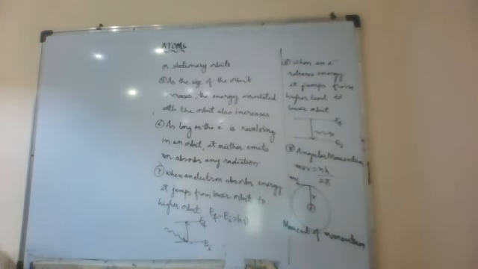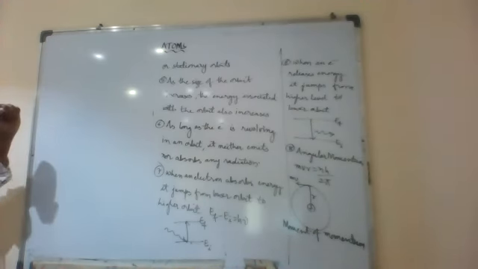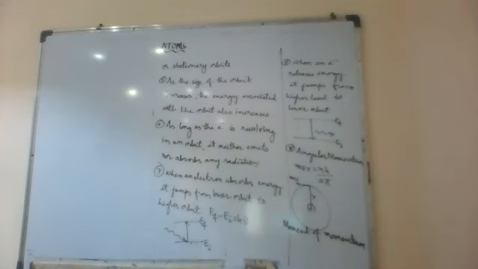Now we have to find out the radius, and then we have to find out the velocity of the electron.